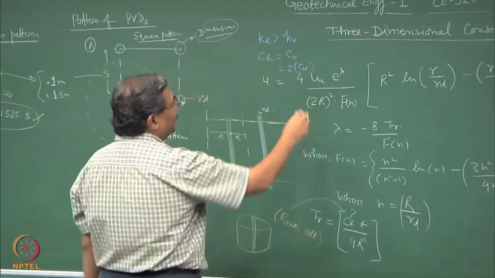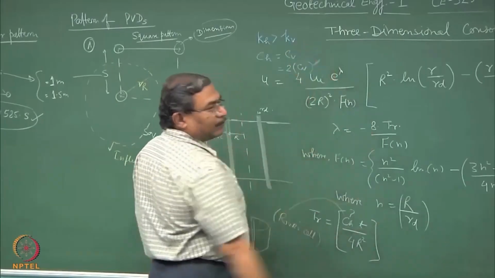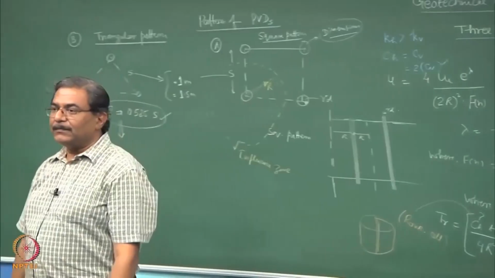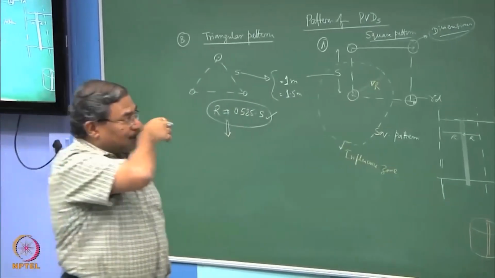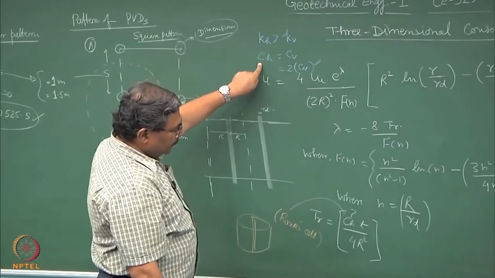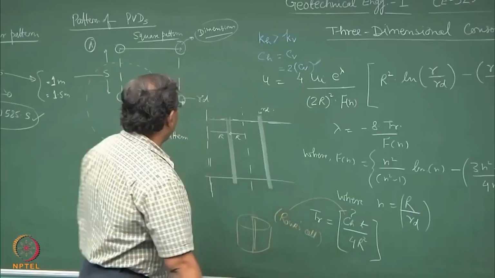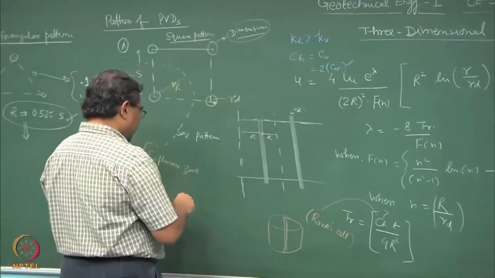All right. So, this Cv I can obtain from a one dimensional consolidation test, and once I know the Cv value, I can get the Ch value. Once I know the Ch value, R can be obtained because Rd is known. This is supplied by the manufacturer.